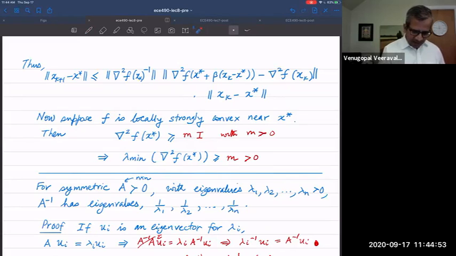If we do that, then we can upper bound this difference, and we're going to do that after the break. So let's take a short break, and then we'll see how we can use these conditions, the strong convexity and the Lipschitz condition around x star, to bound this quantity. Any questions before we take a break?